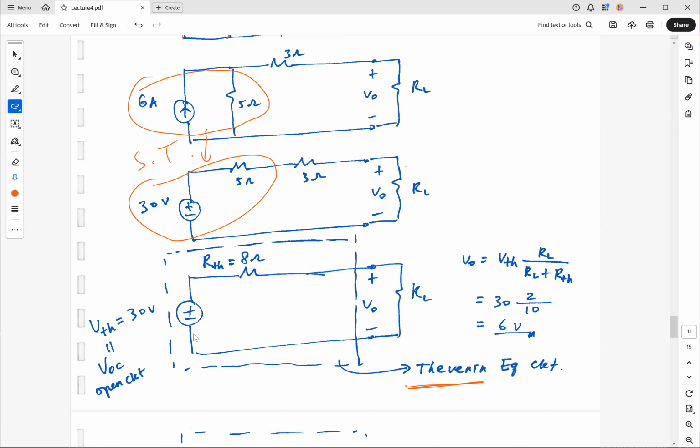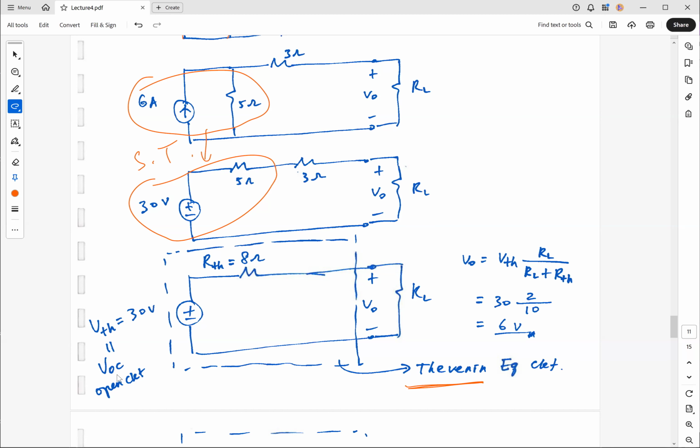The name that we use to represent this voltage source in the context of Thevenin equivalent circuit is VTH, okay, where TH stands for Thevenin. This is the so-called Thevenin equivalent voltage, or Thevenin voltage, in short, okay?